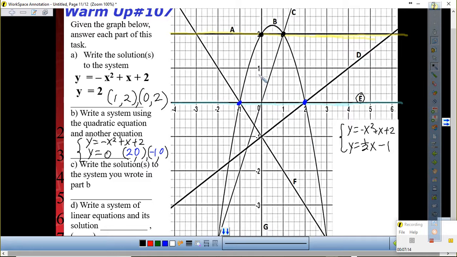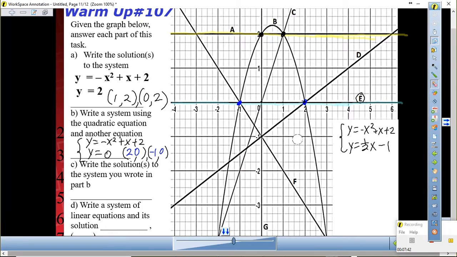So let's see. -1 is right here. So that means there's 2 lines going through it, this one and this one, but this one has a positive slope. That means it's this one. Let's see if the slope is correct. To get from this point to this point, how many steps up? 1. How many to the right? 2. So 1 up, 2 to the right. Yeah, that is correct. So he's using graph B and line D. So let me highlight line D.